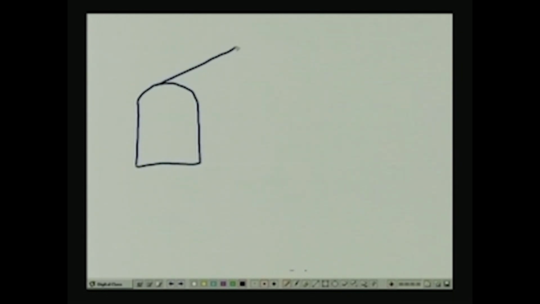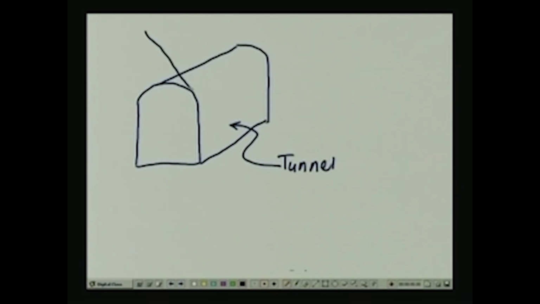So the tunnel actually goes like this. We are drawing, in this case, it is pretty easy to understand, an isometric of the tunnel, and let us say the joint orientation in this case is like this.